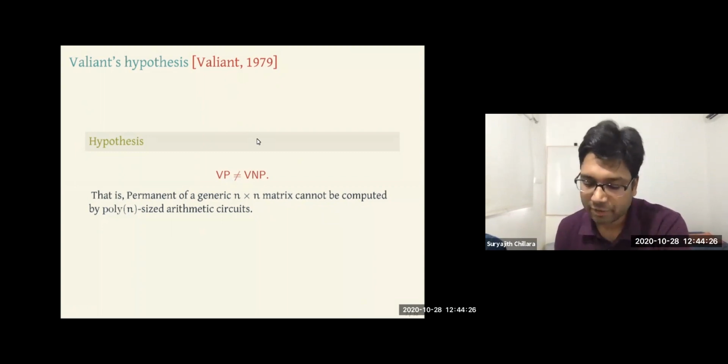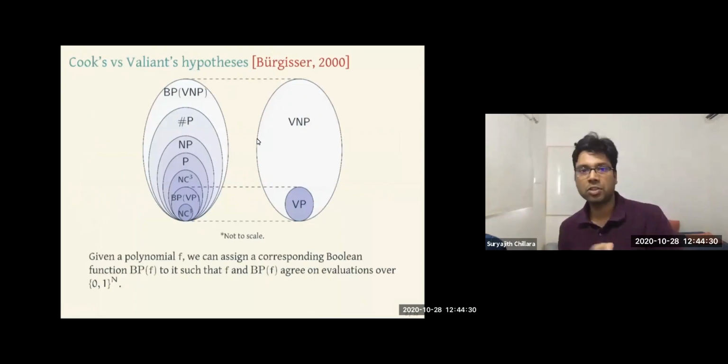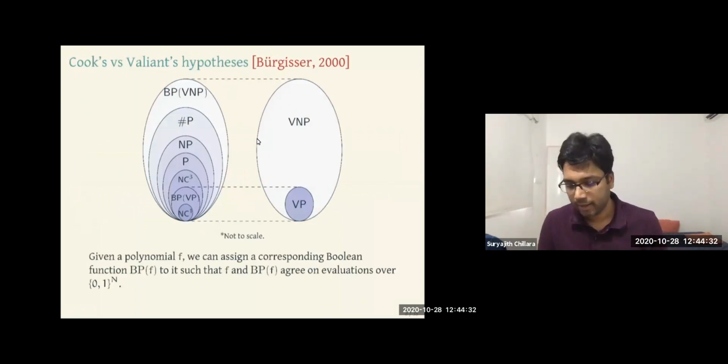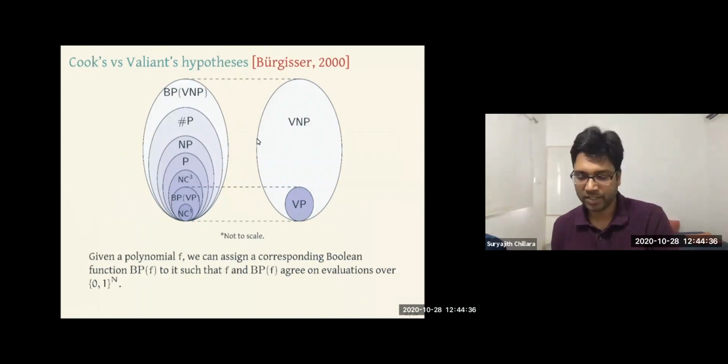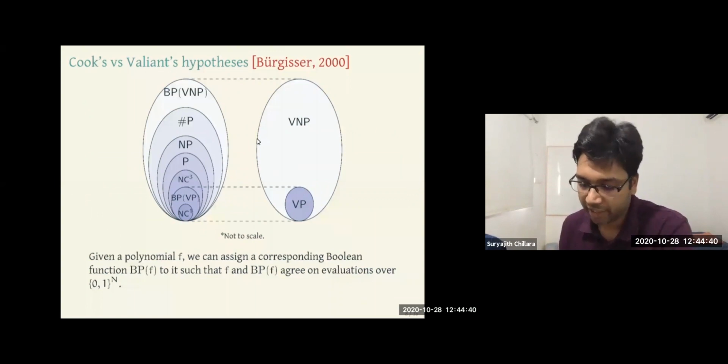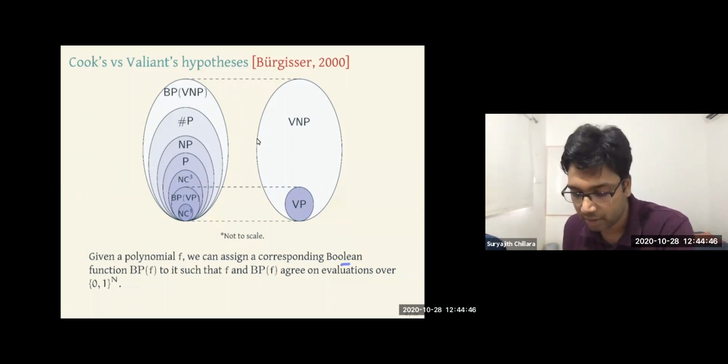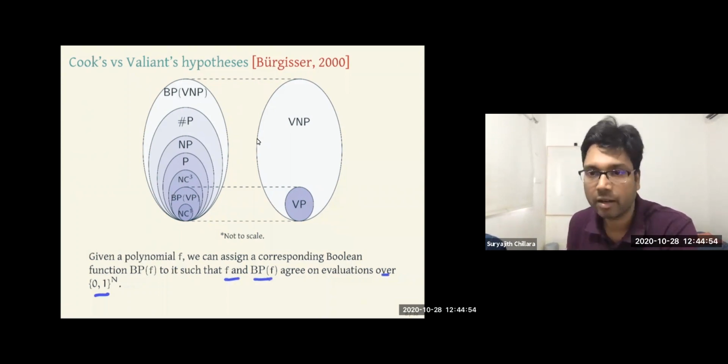So let's also see why we should study this VP not equal to VNP in terms of Cook's versus Valiant's hypothesis. So this particular representation is from a paper of Bürgisser back in 2000. So this is what he defines. If you give a polynomial f, you could assign a Boolean function BP of f, the Boolean part of f, such that f and BP of f agree on evaluations over 0,1 to the power n.